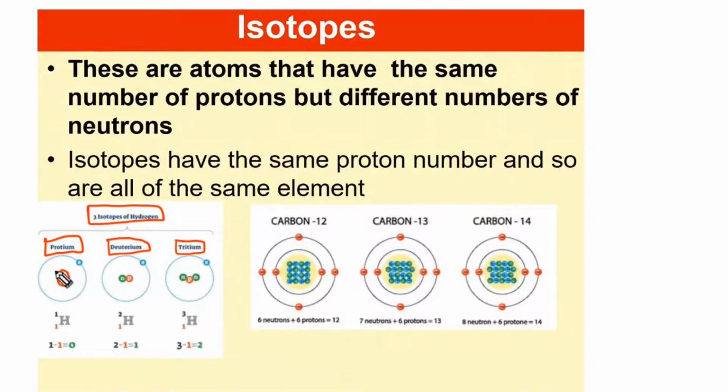So you can see what is same in all of them. These are isotopes of hydrogen. You can see here all of them have 1 proton. So proton number is very important. This is the identification of any element. You can see they have the same proton number, because they are isotopes of hydrogen.